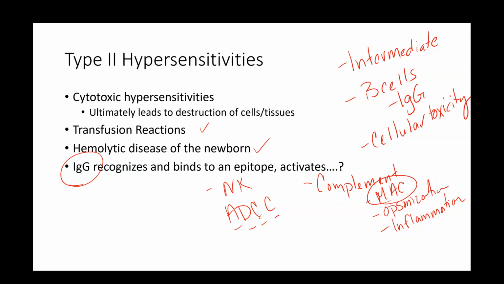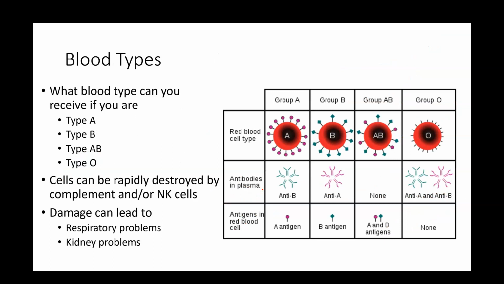So there are two downstream consequences of these IgG antibodies recognizing these epitopes. First, complement. Second, natural killer cells. So now that we understand that it starts with IgG and leads to destruction of cells, here is one potential outcome of that, and that is when blood transfusions are not matched correctly.